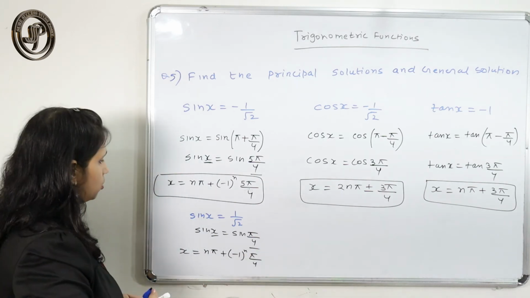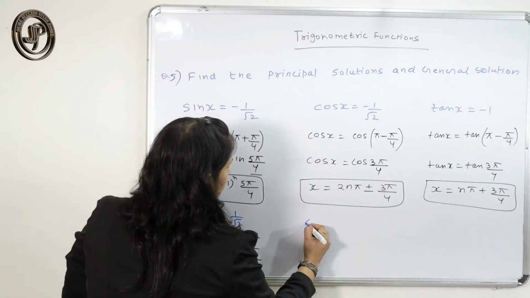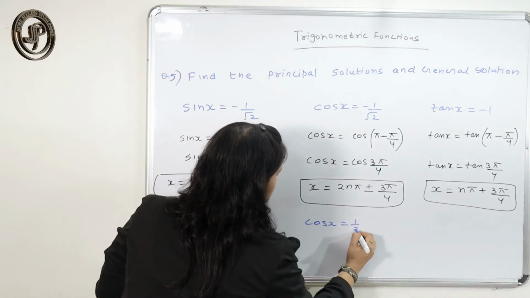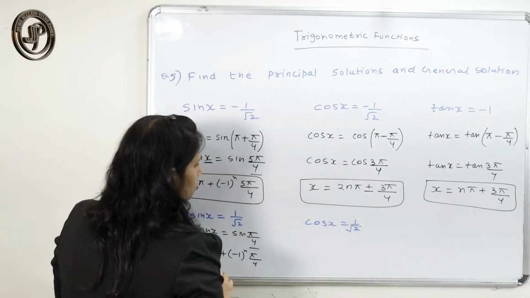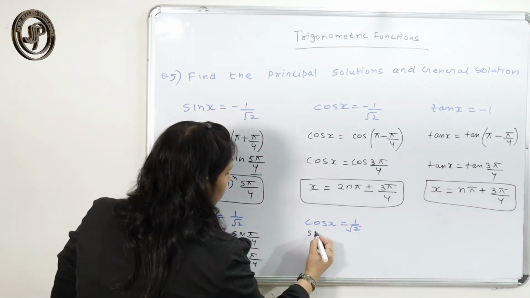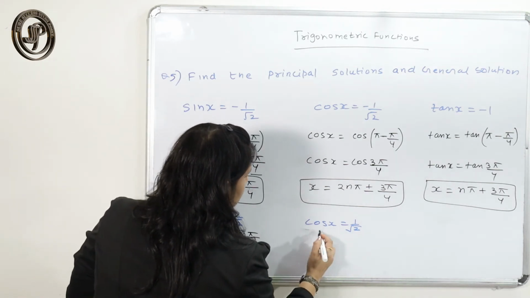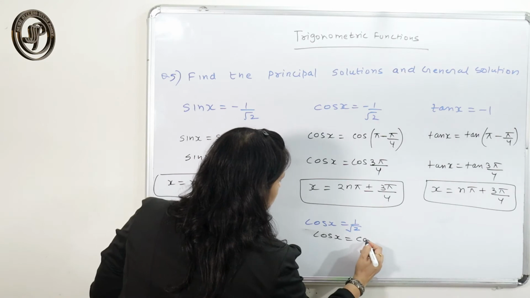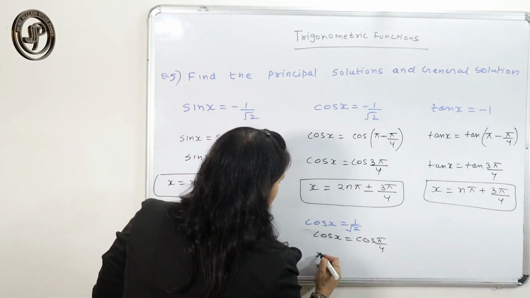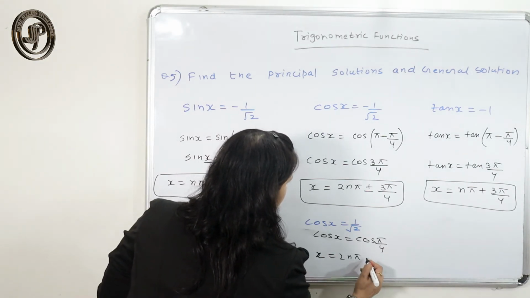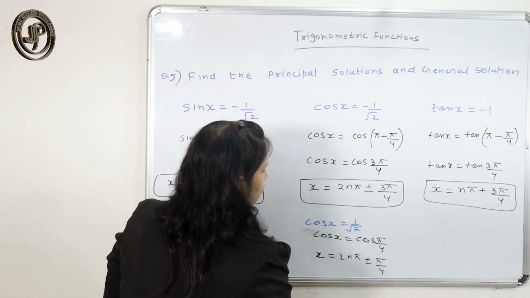Similarly, if cos x is 1 by root 2, then it is pi by 4. So here you can just write cos x is equal to cos pi by 4. Then your answer will be pi by 4 only.